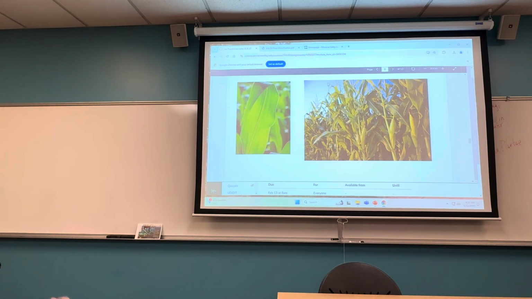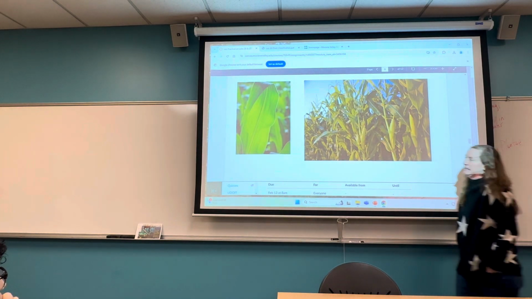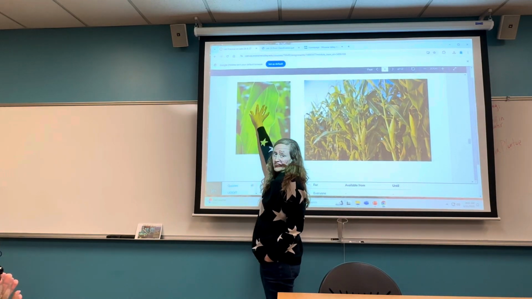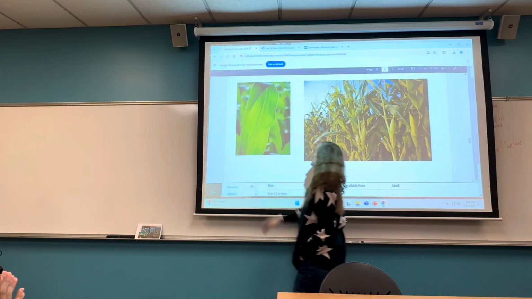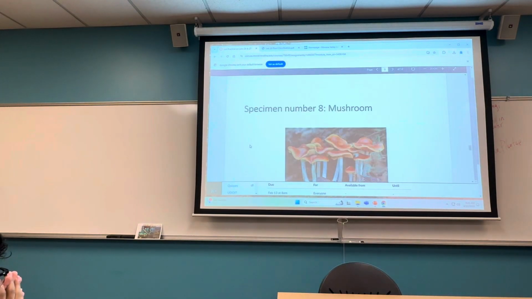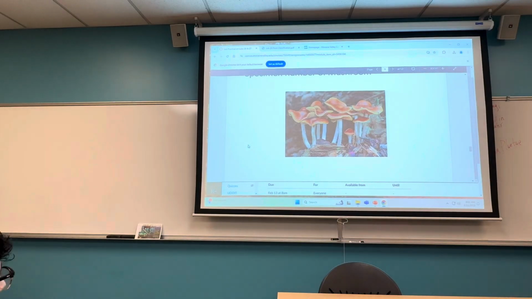Those are flowers. Those are cornflowers. So you can see the veins are all going like this in the same direction. Monocot or dicot? Good, that's a monocot. Mushroom. Fungi, that's good.